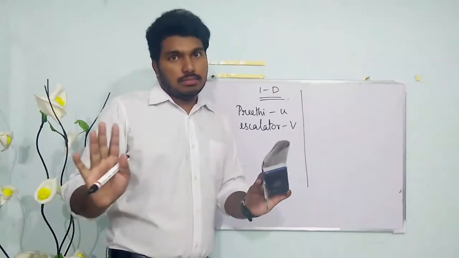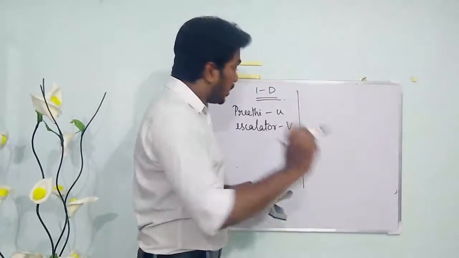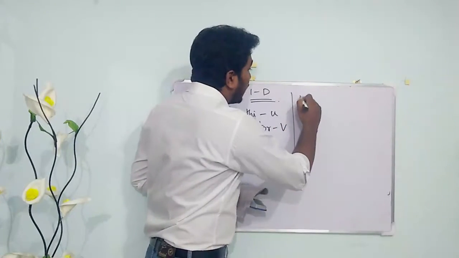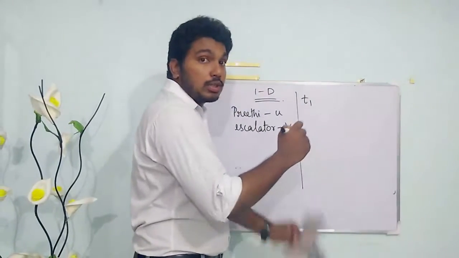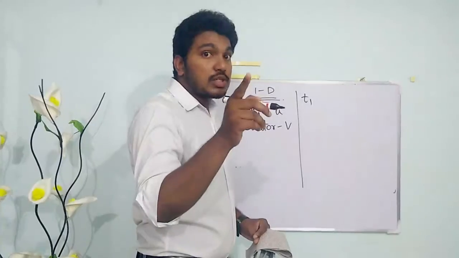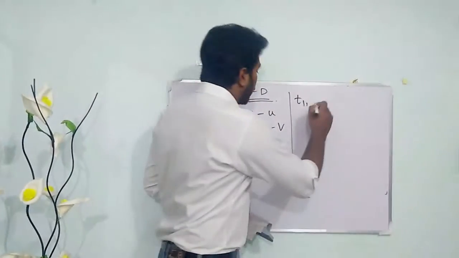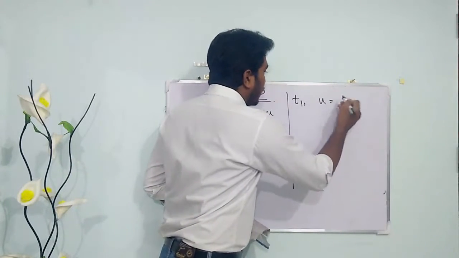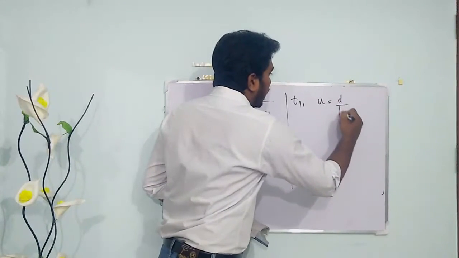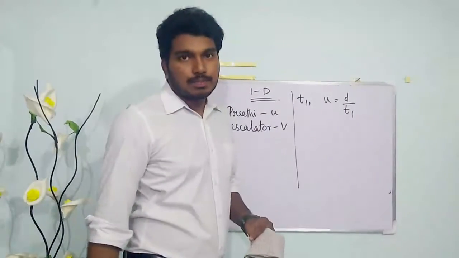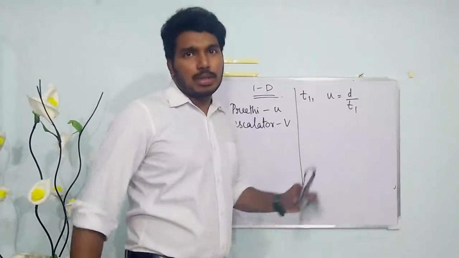Distance is the same, no doubts there. So on the first day, time is equal to distance by velocity, or velocity is equal to distance by time. So, on the first day, u is equal to d by t1. Speed is equal to distance by time, right?